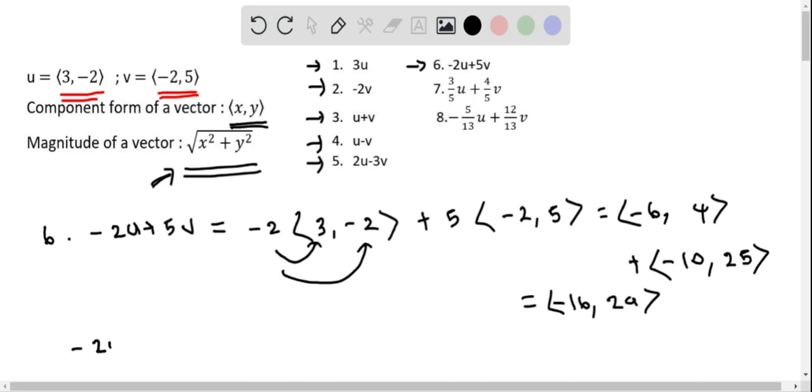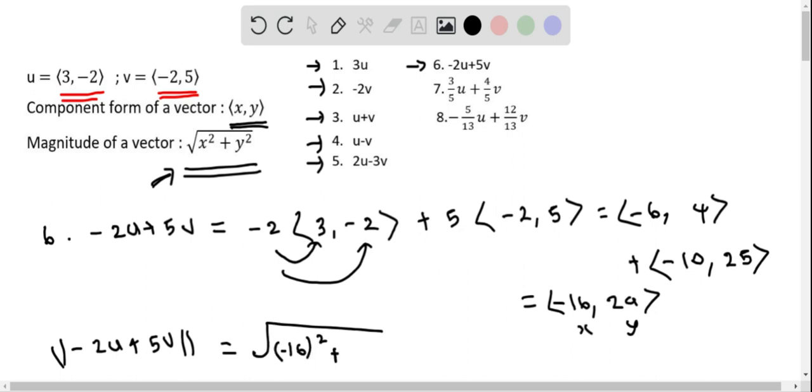Now let's find the magnitude. This is minus 2u plus 5v. So we have to consider the x as negative 16 and y as 29, which means when we use the formula, it will be minus 16 squared plus 29 squared. So this is basically square root of 1097.